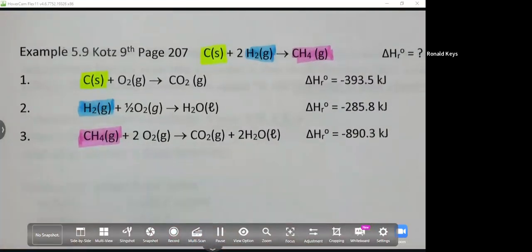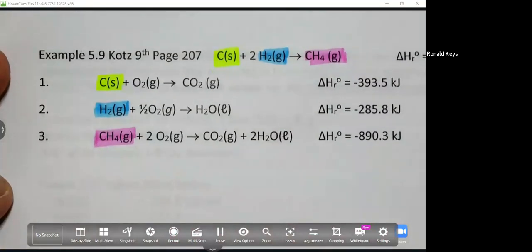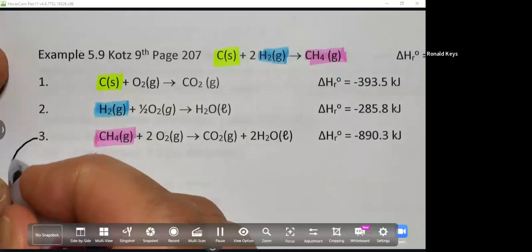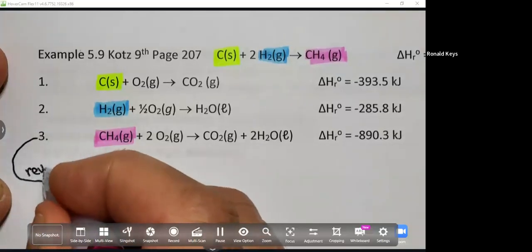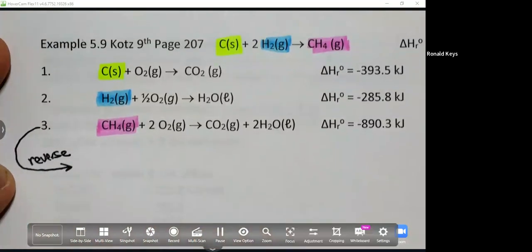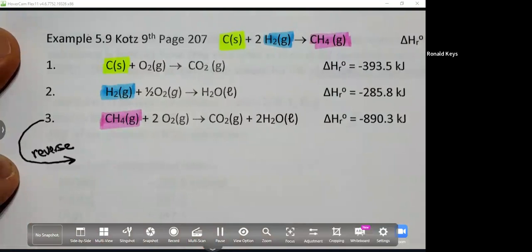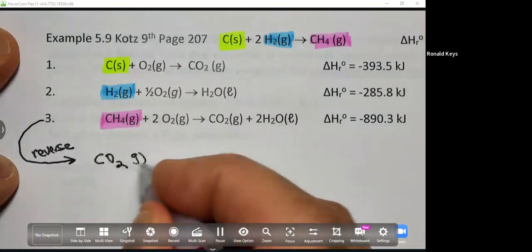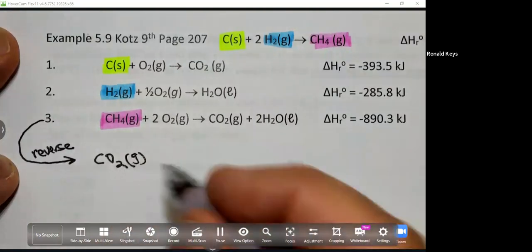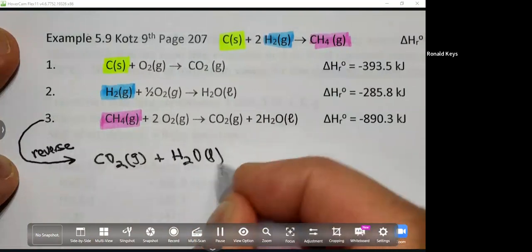So let's go ahead and do that. To make this look nice, we'll do this one first. And we're just going to reverse this. We reverse this. You're going to have the CO2 gas plus H2O liquid.